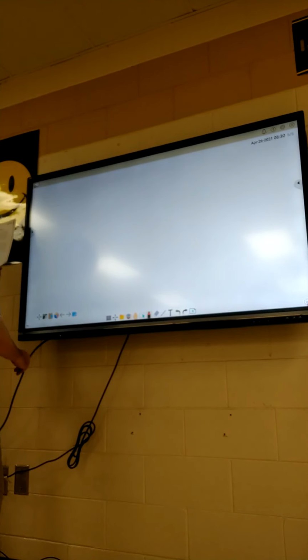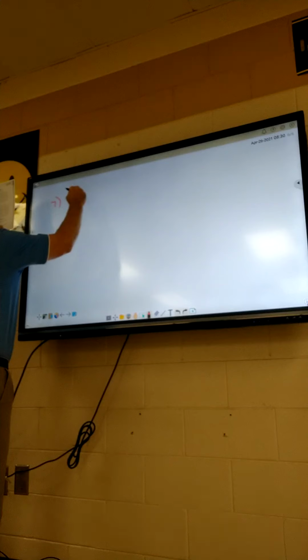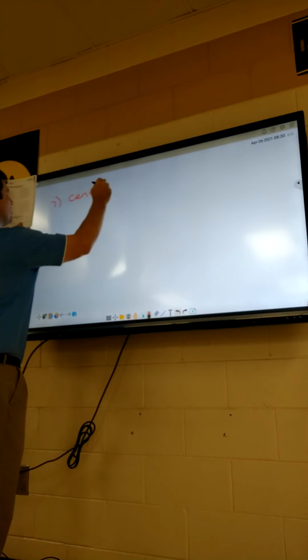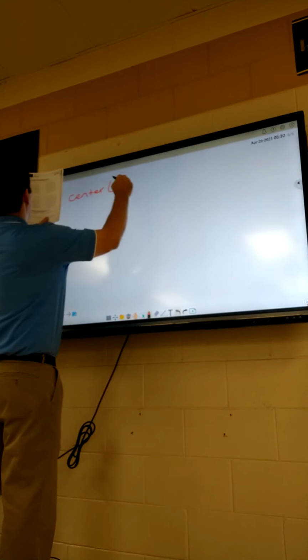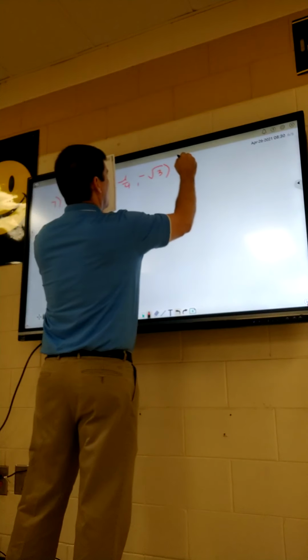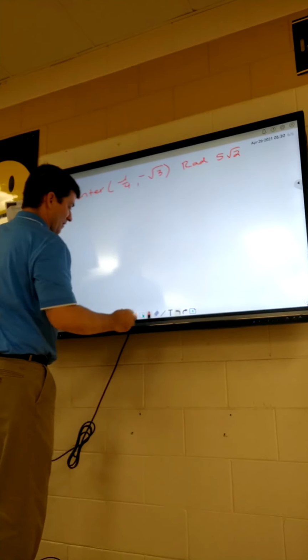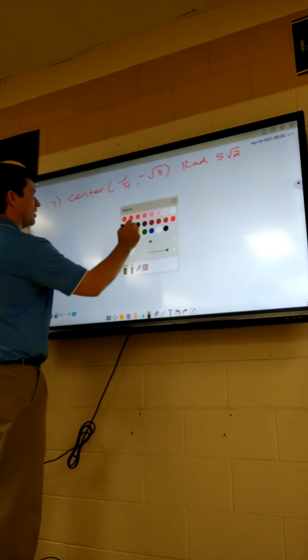Let's go to 7. 7 looks kind of messy. We got a center of -1/4 and -√3 and a radius of 5√2. I'm about to check my answer book on this one.